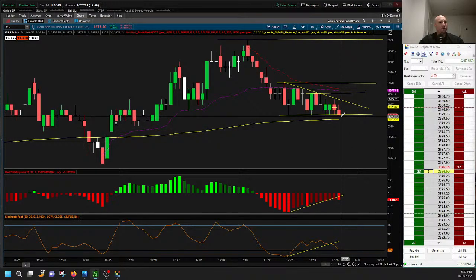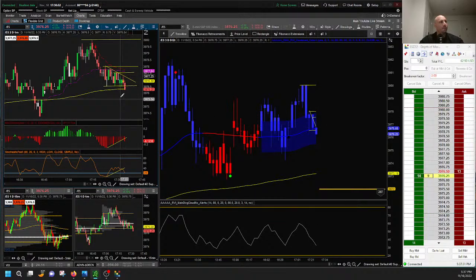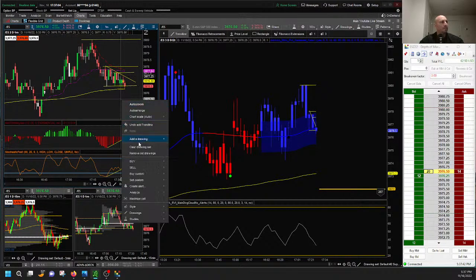And let's see if it's just kind of a quick flush and then right back up. So there's your flush, right? Now, if it broke back up above here, then I'd probably get long, but it's starting to look ugly.